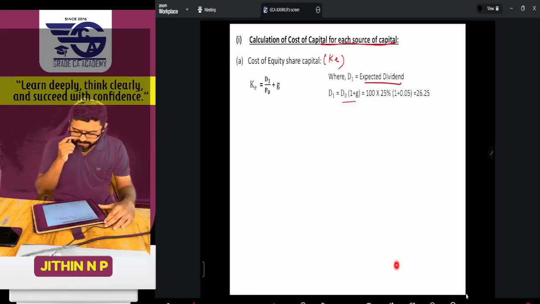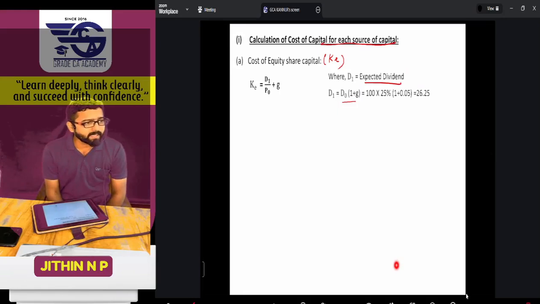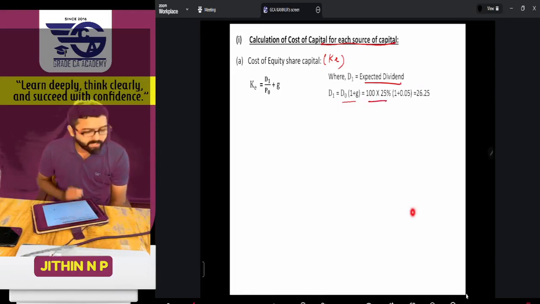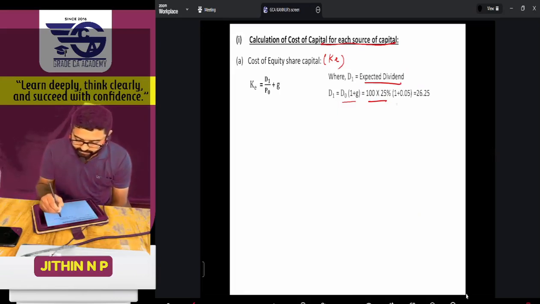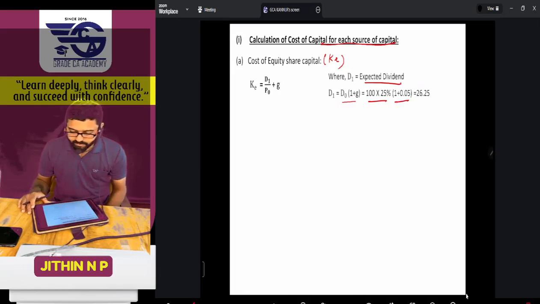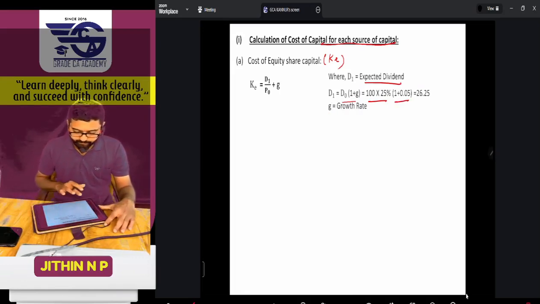The question specifically gives that the dividend paid during the year is 25%. Dividend paid means D0. D0 is 100 face value per share into 25%. So D1 is 100 into 25% into (1 plus G), with G 5%, which is 26.25. G is the growth rate.